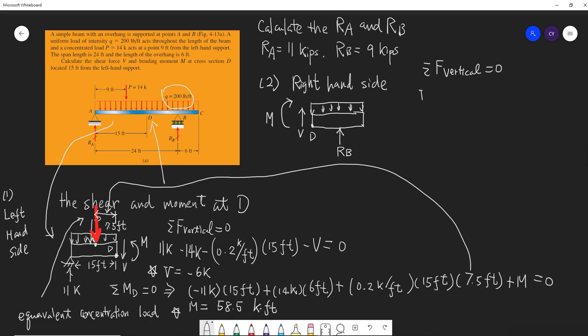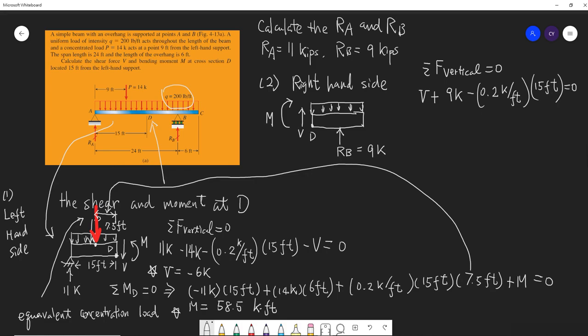In this case, the equilibrium equation is the shear plus 9 kips, the reaction at B, minus 0.2 kip per foot multiplied by the distance 15 feet is equal to 0.